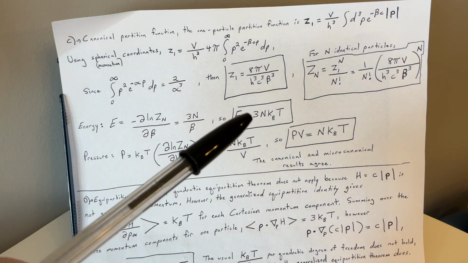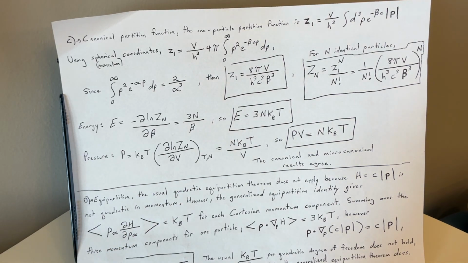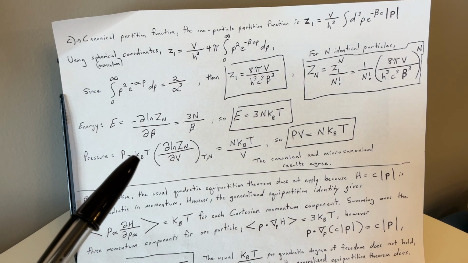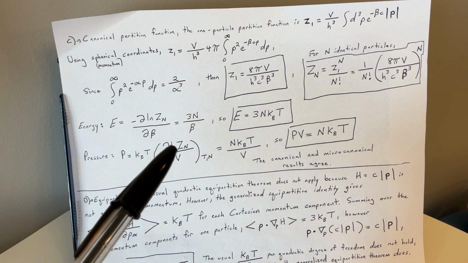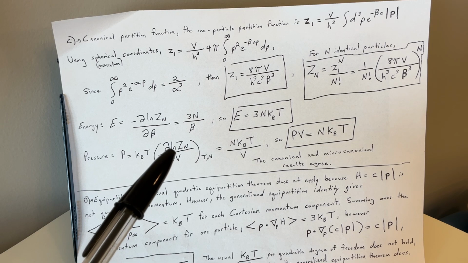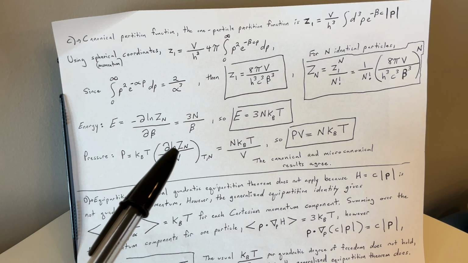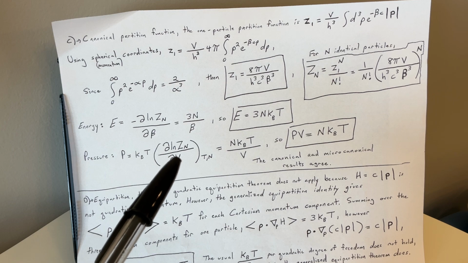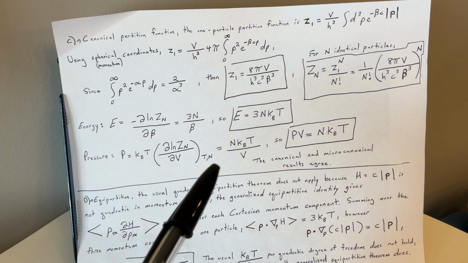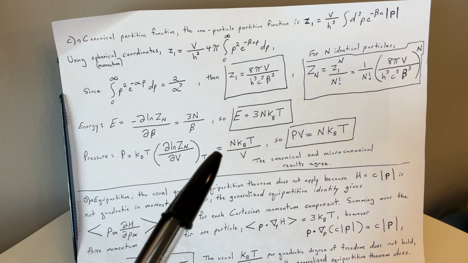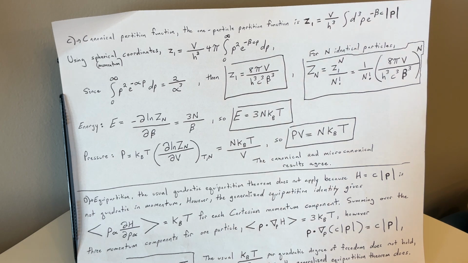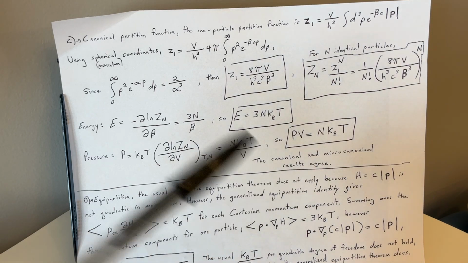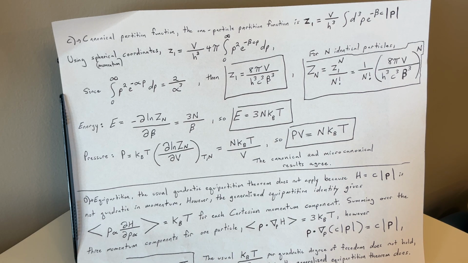So E is 3n k_B T. And our pressure P equals k_B T times the partial derivative of ln Z_n with respect to V at T, n. That equals n k_B T over V. So we get PV equals n k_B T, and the canonical and microcanonical results agree.